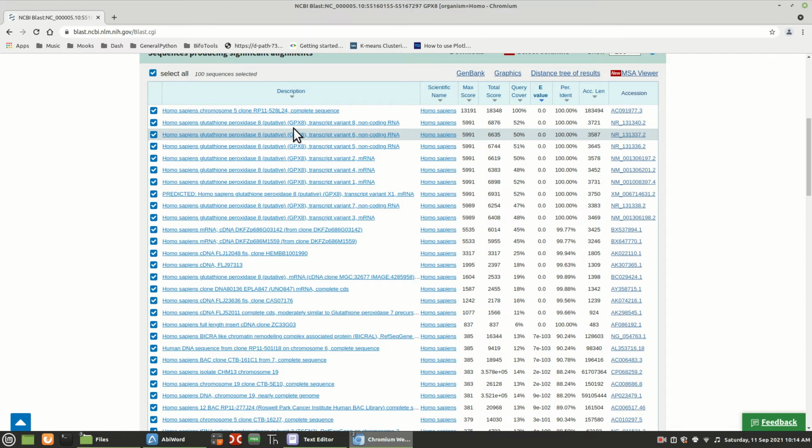So here we learn something. We learn that there are variants of the GPX8 gene. These are probably spliced variants, so you splice them a different way, and if you were to look at these, you would see that splicing is different. The other thing is transcription might start at slightly different places.